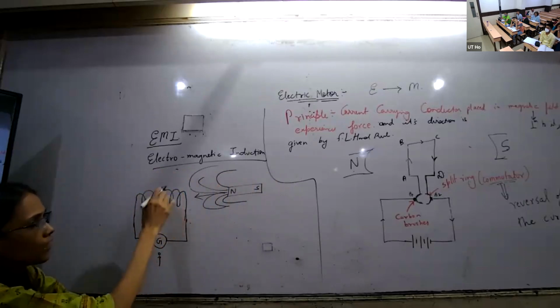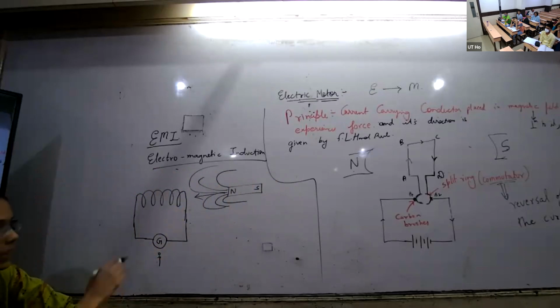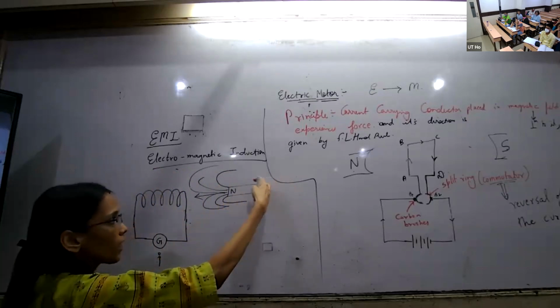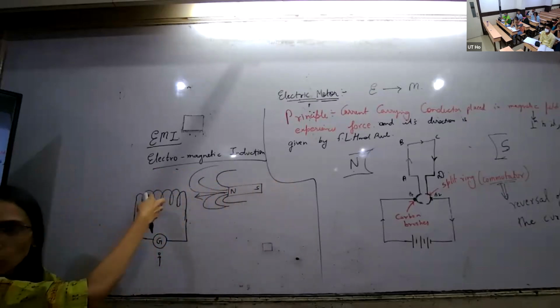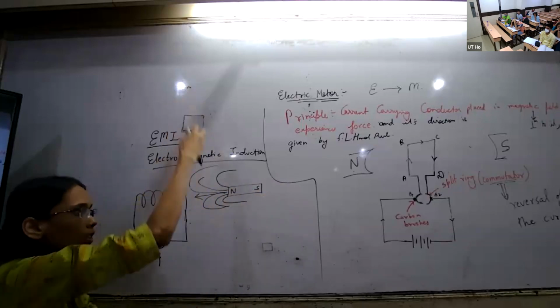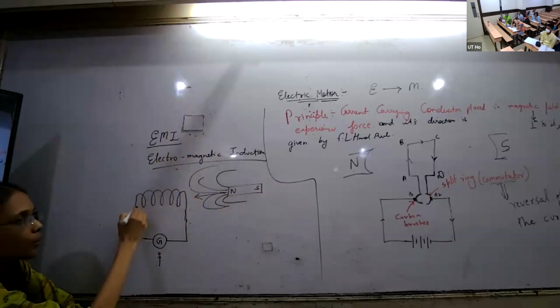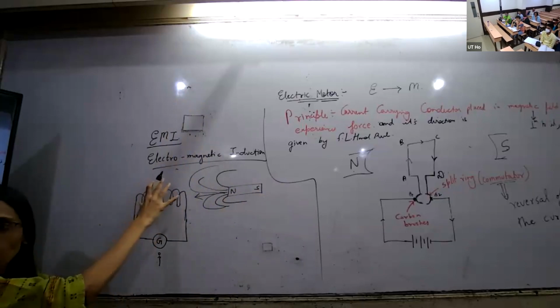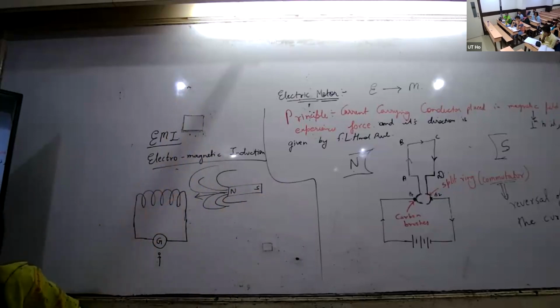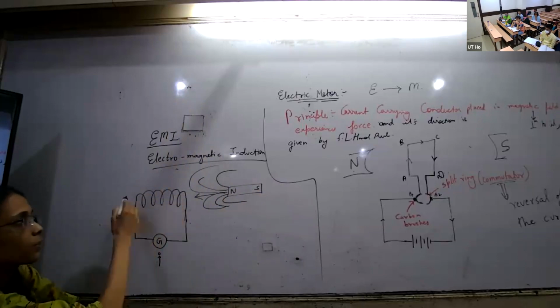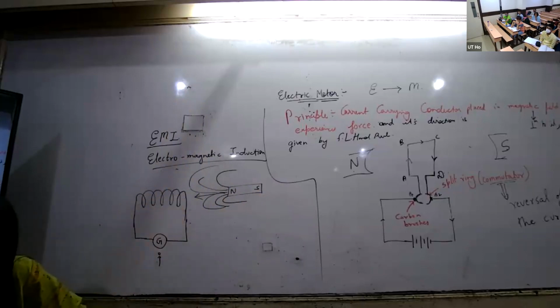So because of which current is generated in this coil. When is it generated? When either your magnet is moving towards it or moving away from it or upside downside, whichever direction. Basically जब भी इस मैग्नेट में जो फील्ड थी उसमें कोई चेंज है, if it experiences change in magnetic field, then there is current generated in it.